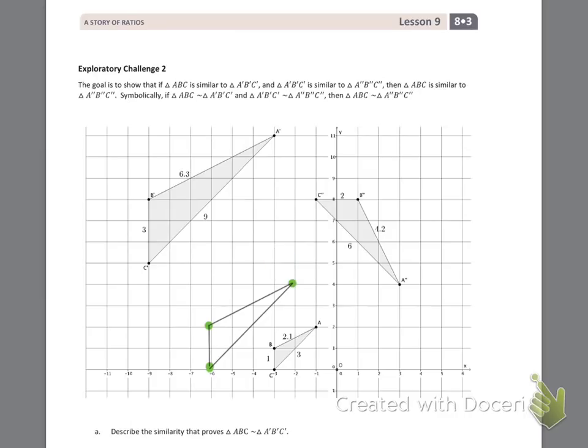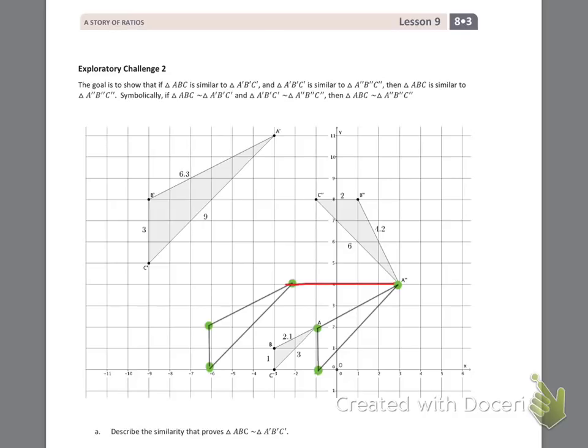So it looks like we can do a translation again to match vertex A to A double prime. So that would be 1, 2, 3, 4, 5 units to the right, and that would move the triangle like so.